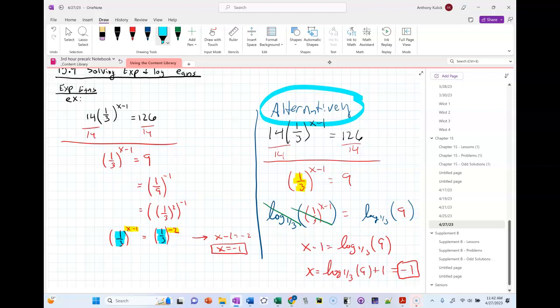For example, if that was 1/3 x to the negative 1 equals 8, what the heck are you going to do there? You'd use a logarithm, exactly. The logarithm is like the skeleton key that unlocks any exponential lock. Universal. As opposed to getting the bases to match, which is effective, but sometimes that's a bugger of a problem.